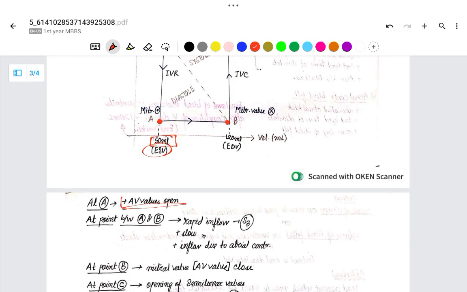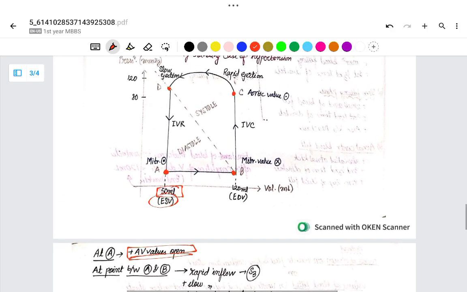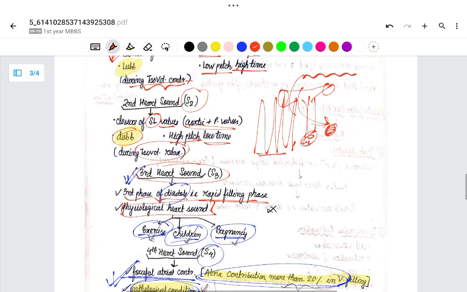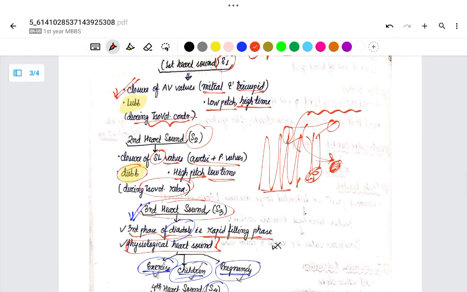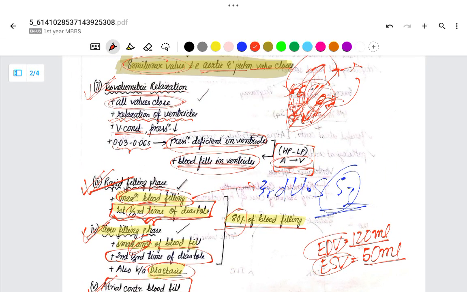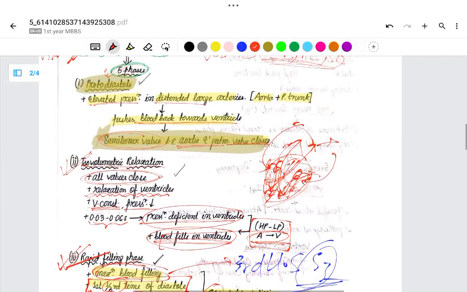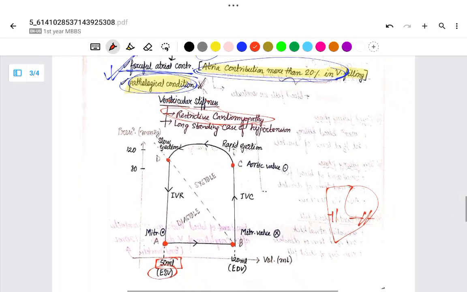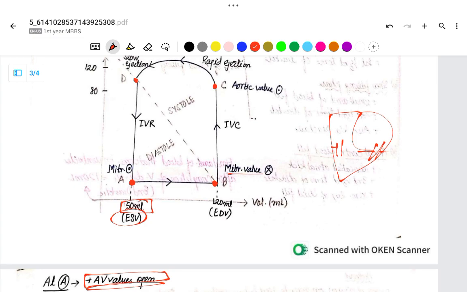The AV valves open, the atrioventricular valves open, here during the isovolumetric relaxation. Then at B, the mitral valve is closed.